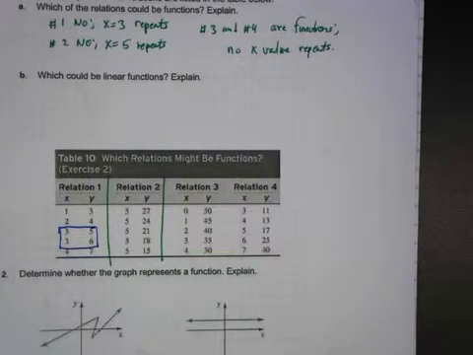Okay, so 3 and 4 are our functions, and then it says which of these could be linear functions? Just 3, right? Why is 4 not linear? Because the y values don't increase the same amount.